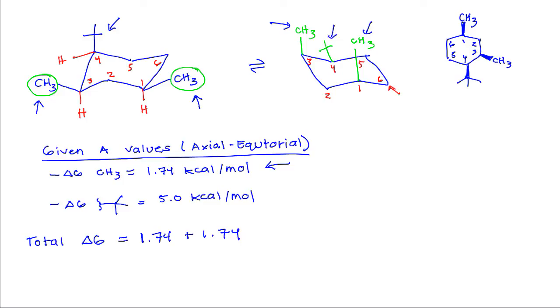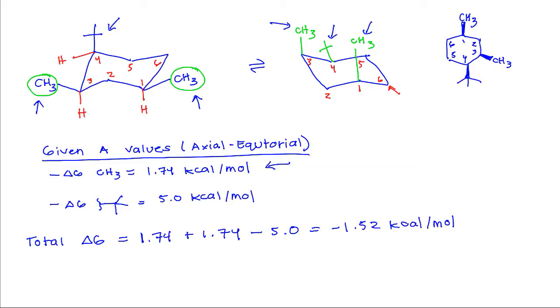So that one is actually going to a more stable conformation. This time we're going to use a negative value since it's going to the equatorial. So we're going to subtract 5.0 kilocalories per mole. And this will give us our total going from the conformation on the left to the conformation on the right. So if you plug that into your calculator, you get negative 1.52 kilocalories per mole.